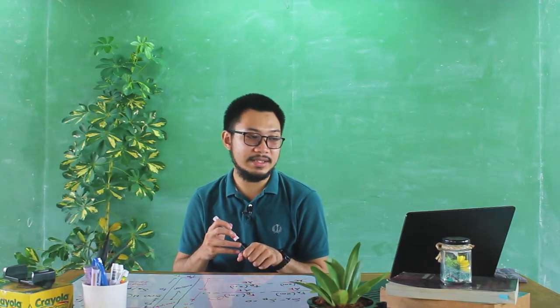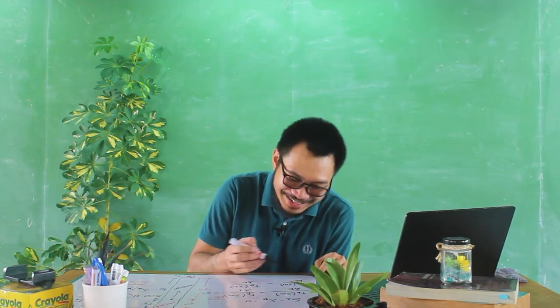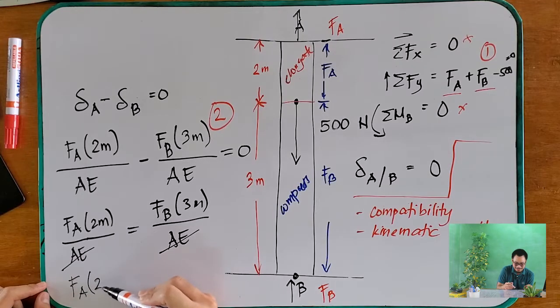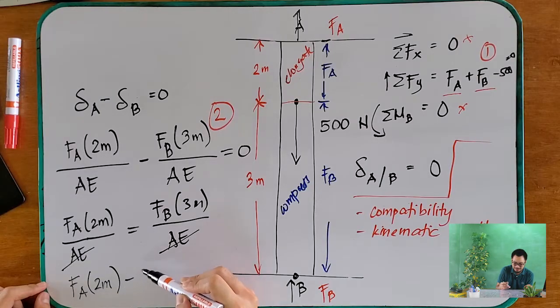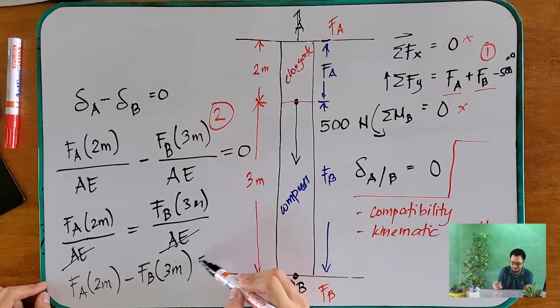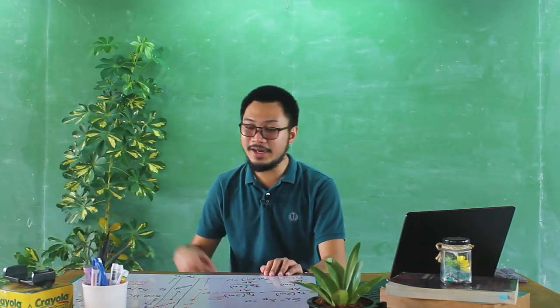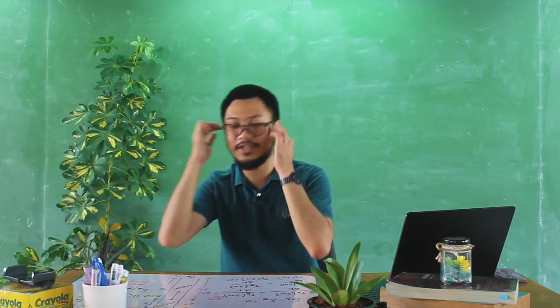And ang imo lang nabilin kay FA times 2 equals to FB times 3. So, we can use this one. We can calculate your FA and FB using this equation.